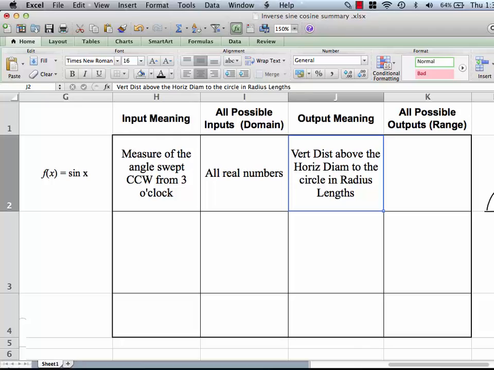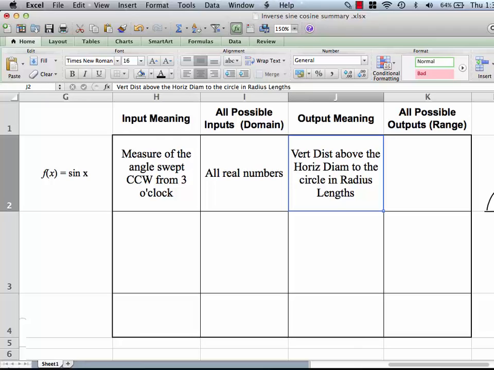Well, one radius length is the maximum it could be, but for any angle, so we're measuring vertical distance up to what? The whiteboard. Okay, of what? Of the point of the intersection of the red on the circle. The circle, right? So this has been implied all along. We get that the terminal point is going to intersect the circle somewhere. That point on the circle is what we're talking about.